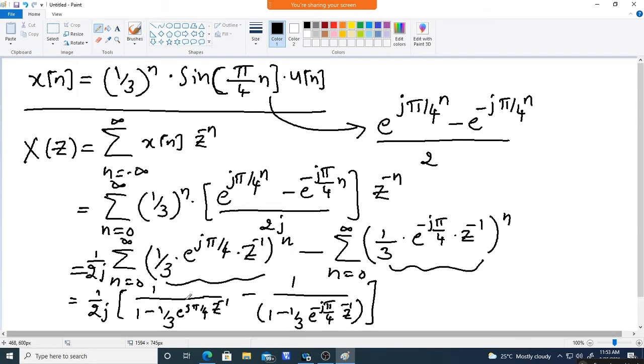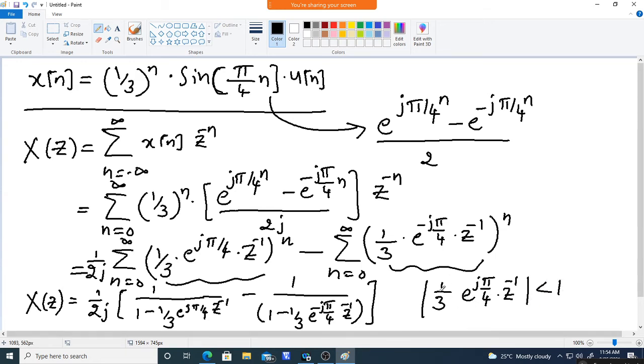Now, how to decide the ROC? The ROC will be decided by these two terms, which give the value of alpha. If I take the first term, 1 by 3 into e power j pi by 4 into z power minus 1, its magnitude should be less than 1.